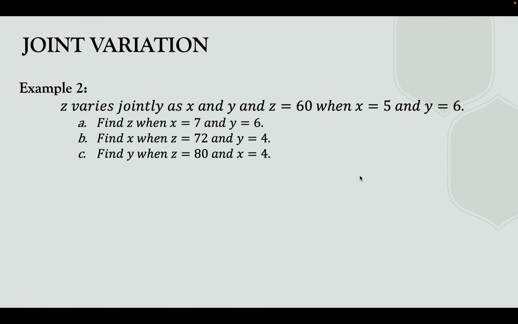Next example: Z varies jointly as X and Y, and Z equals 60 when X equals 5 and Y equals 6.